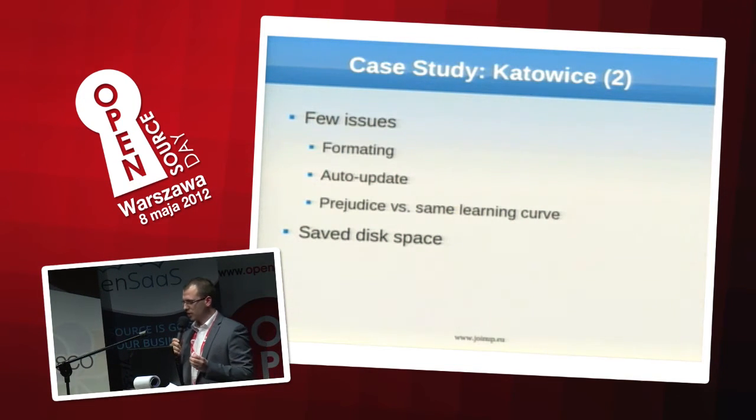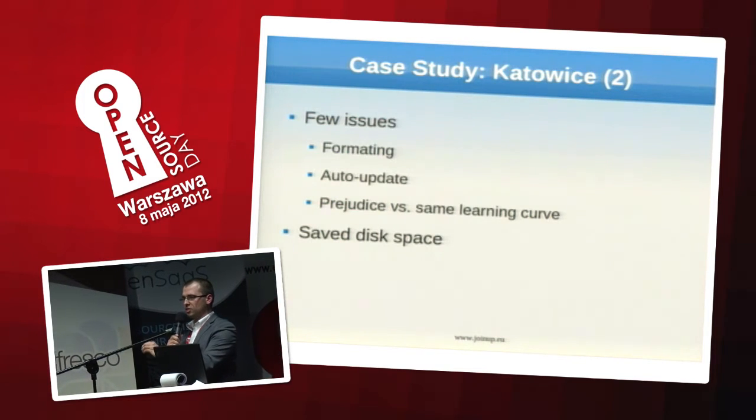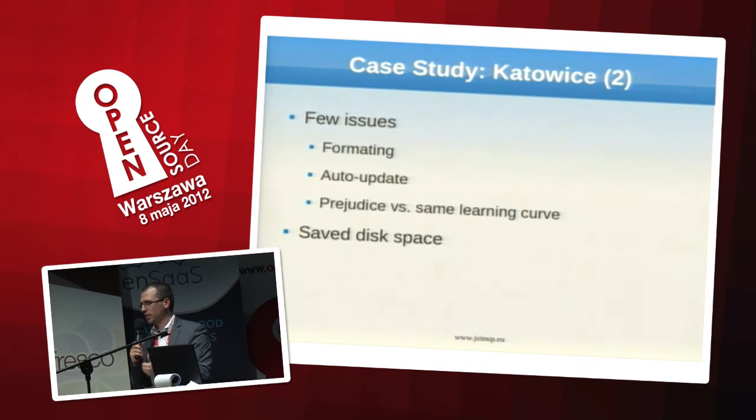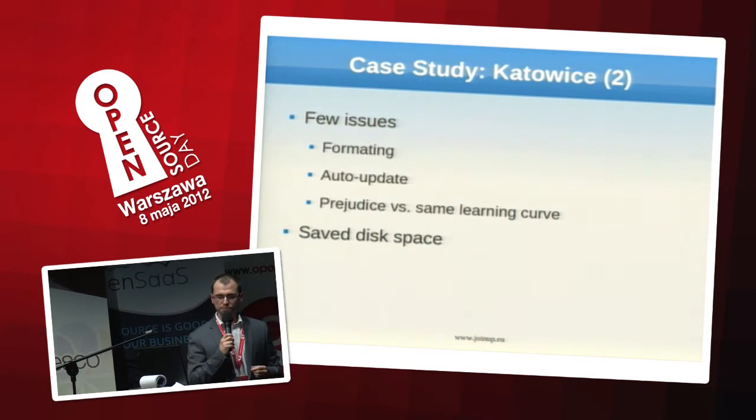And they found out that there was the same learning curve when you switch from a proprietary Office suite to an open Office, and when you upgrade from Microsoft Office 97 to Microsoft Office 2003. That was the same learning curve in terms of time spent for training and money spent for training.